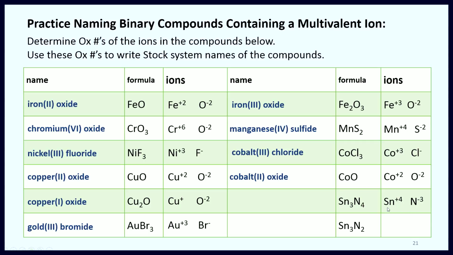Nitride is -3, and there are 4 of them for a total negative charge of -12. +12 divided by 3 is +4, or simply use the inverse rule backwards. That would be tin 4 nitride. Similarly, since tin is going to be +2 in this example, that would be tin 2 nitride.